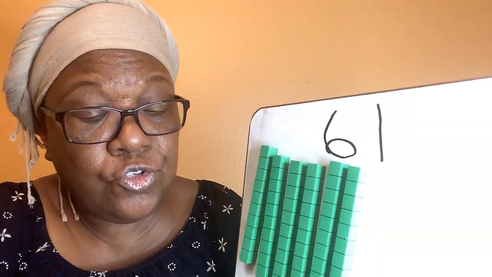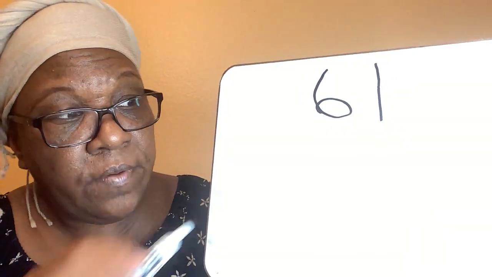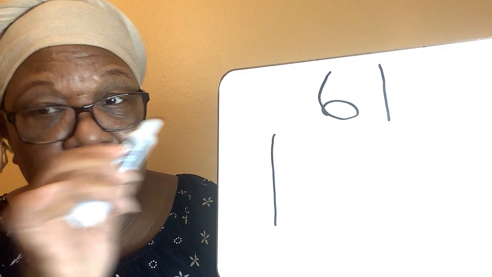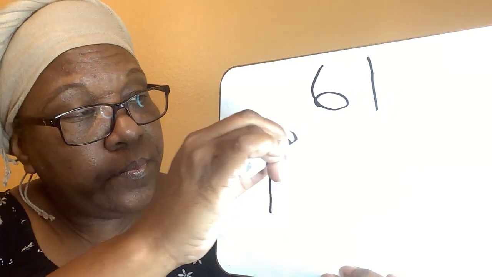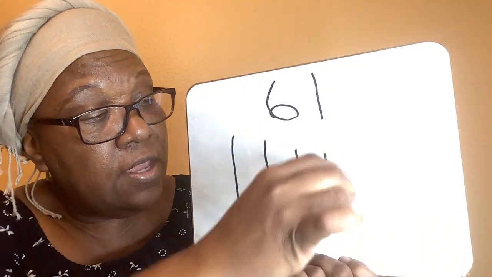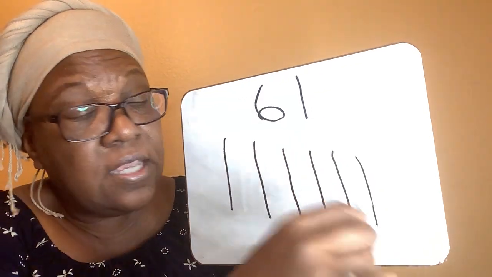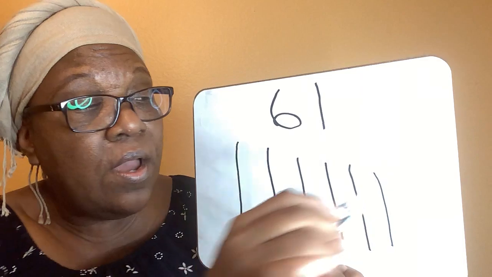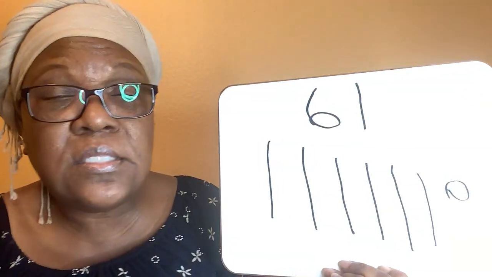Okay, so let's draw it now. I'm going to take the magnet tools off. Let's draw it. What does this represent again? 10, 20, 30, 40, 50, 60. How do we make the one? A circle, 61.